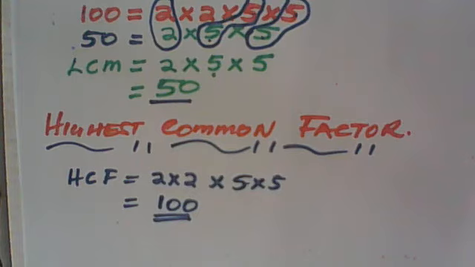So this is how we do it, guys. Now, I would like you to go to your Genius tuition back office, and there are tasks that you need to answer.